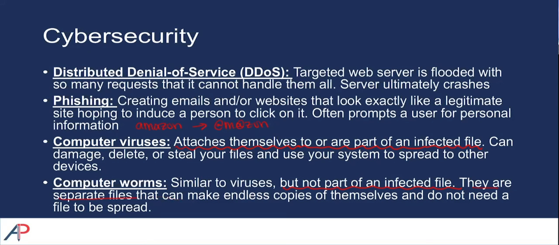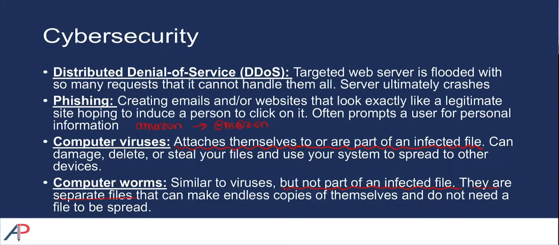Let's say you have an email with a virus as an attachment and you forward that email to someone else. Now it's been spread. That's similar to the goal of a computer virus, whereas a computer worm is a little different because it's not part of an infected file, it is the file itself.